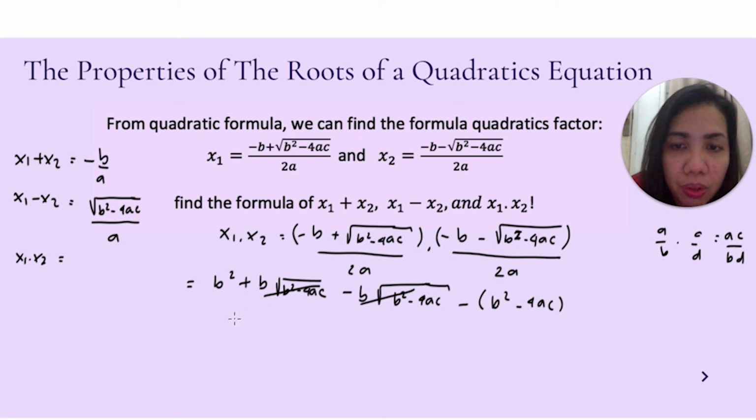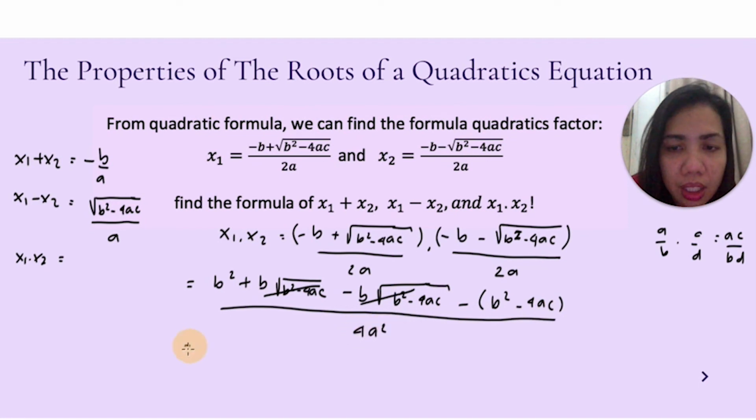Now over 4a squared. Let's rewrite this b squared, we remove this, and then this minus we multiply into the bracket, so minus b squared plus 4ac over 4a squared.